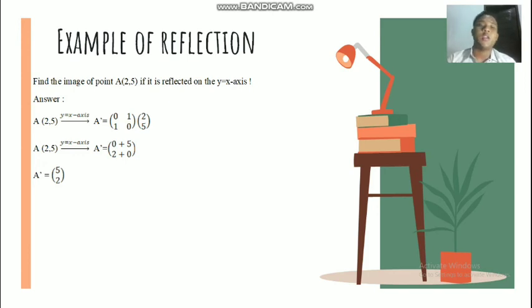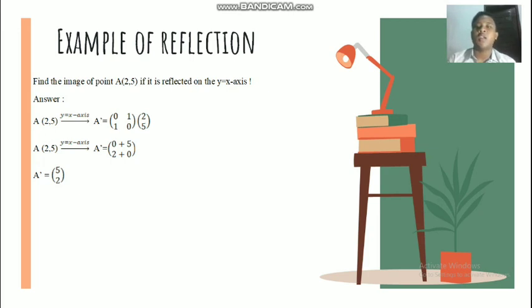Okay, the answer is A(2, 5), y = x. So A' equals [0, 1; 1, 0] multiplied by [2, 5]. So we have A' is (5, 2).